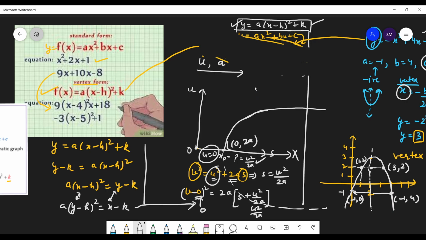Okay. So this is a graph of x equals a y square, like this.